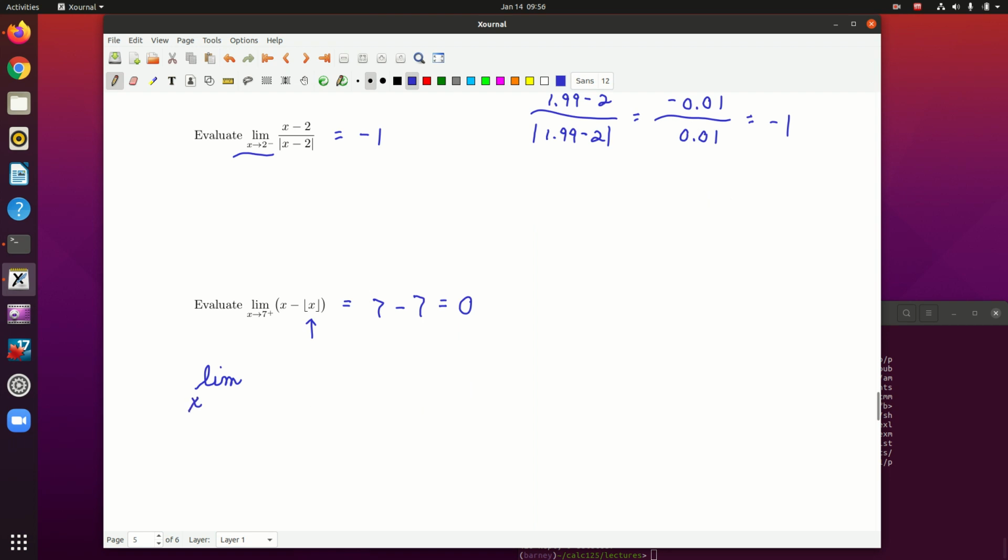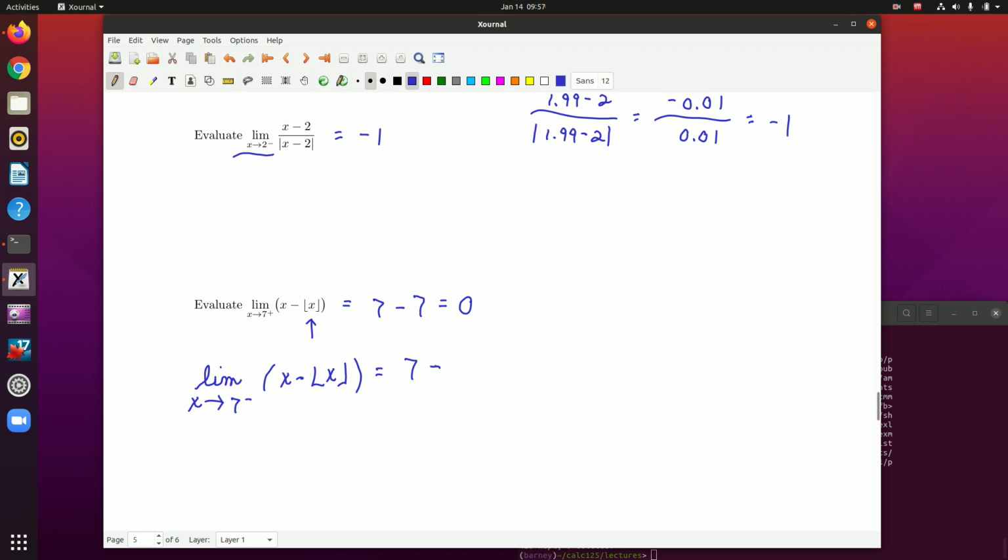But while we're at it, let's take a peek at what would have happened if we had come in the other way. So now instead of plugging in things like 7.1, we're going to be plugging in things like 6.9. Well, the x stuff is still going to get close to 7. As x approaches 7 from either side, x is getting close to 7. But now for numbers like 6.9, 6.99, and so on, the greatest integer is going to be 6.